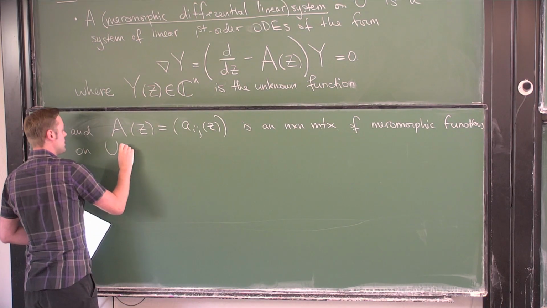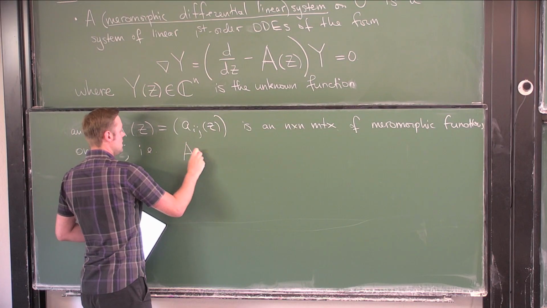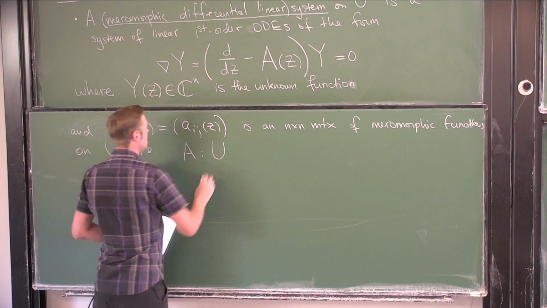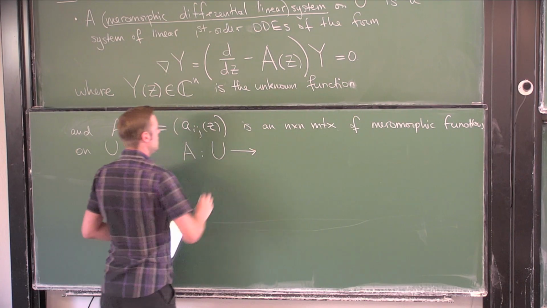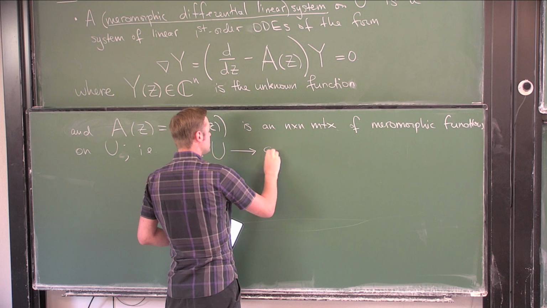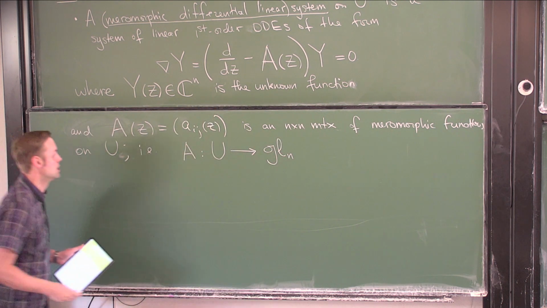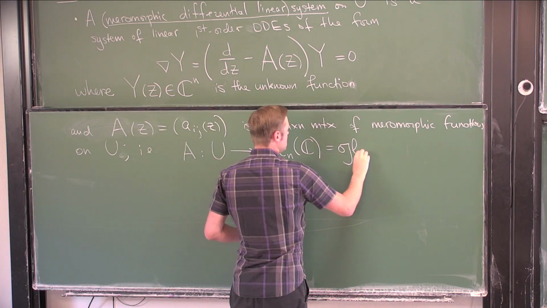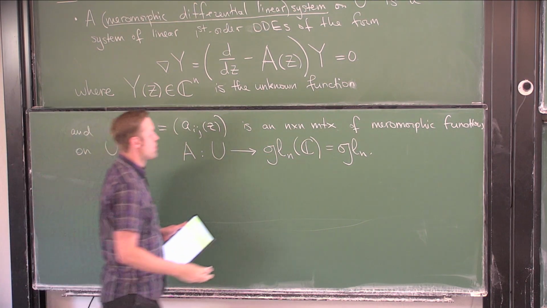I will often write this by saying that A is a map from this open set U to the space of n by n complex matrices, which is little gl_n(C), which I will also just write gl_n like that. And this is a meromorphic map.